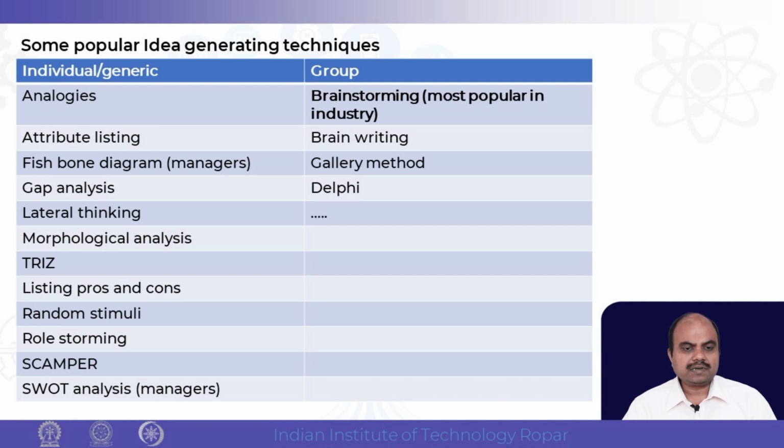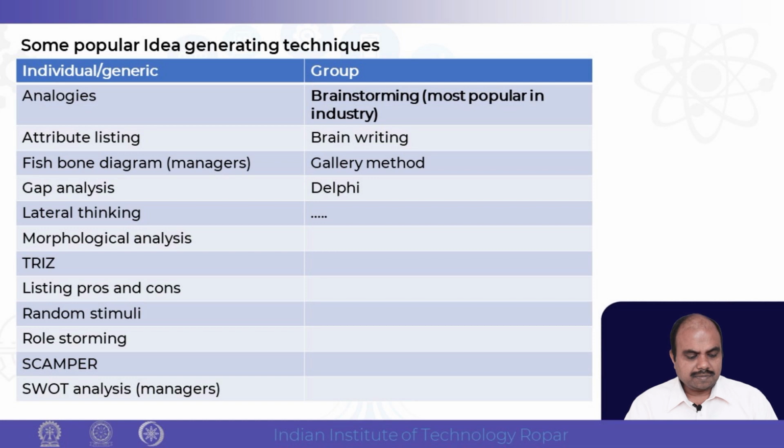This is a really very good method to use, but it is also a difficult method, long time is required, and it is mostly suitable for highly technical problems. Then list pros and cons: what are the advantages and disadvantages of any product, and then try to reduce the disadvantages, modify it, and so on.